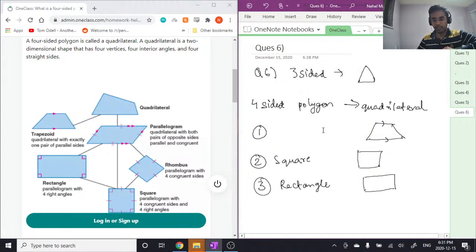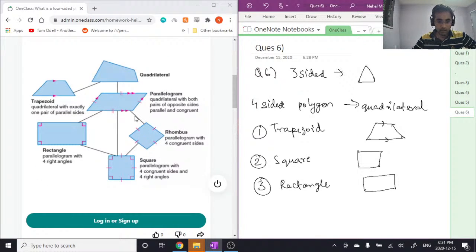This would actually be a trapezoid. A parallelogram is a special type of trapezoid, you can say. So let's rename this. Okay, so these two sides are parallel. In the parallelogram, all the sides are parallel.